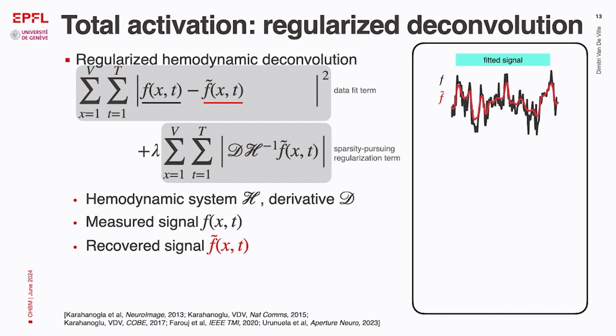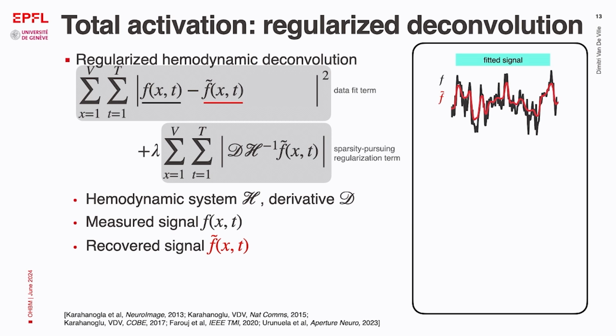In this approach, the hemodynamic deconvolution is based on minimizing this variational criterion you see on the slide. F is the measured signal, which depends on space and time. F tilde is the recovered signal. Then you see there is a round D, which is the derivative operator, and there is the inverse of a round H, which is the inverse of the hemodynamic system, which you could imagine to be modeled by a linear approximation.